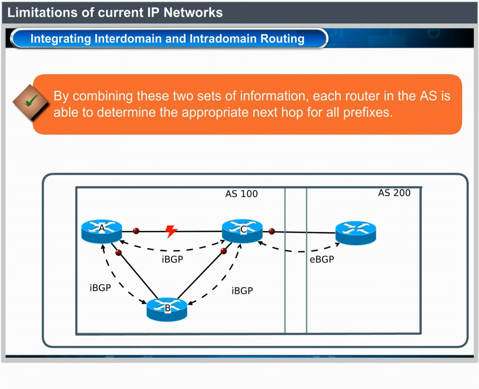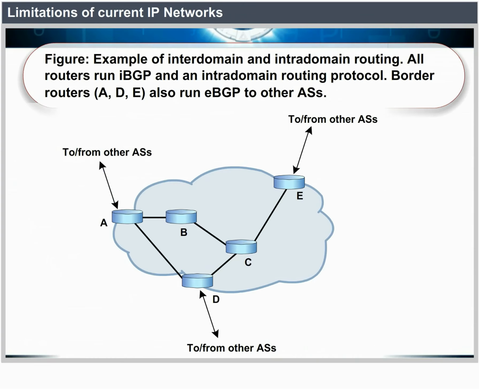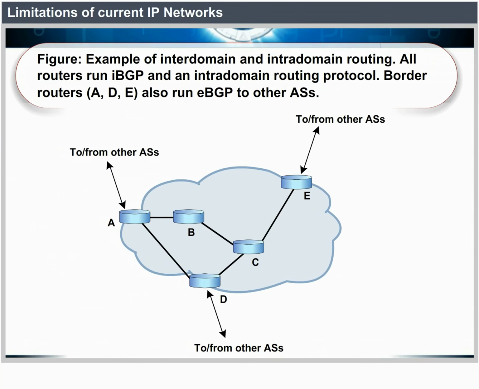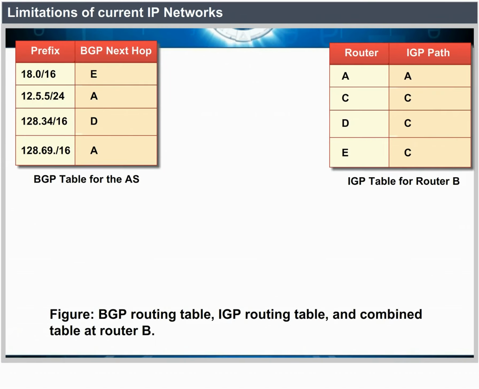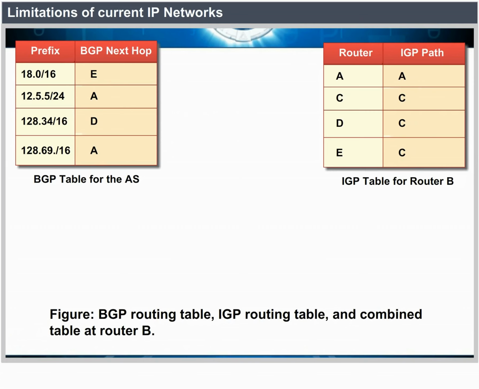Figure: example of inter-domain and intra-domain routing. All routers run IBGP and an intra-domain routing protocol. Border routers A, D, and E also run eBGP to other ASs. Figure: BGP routing table, IGP routing table, and combined table at router B.